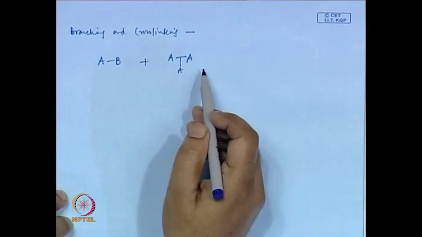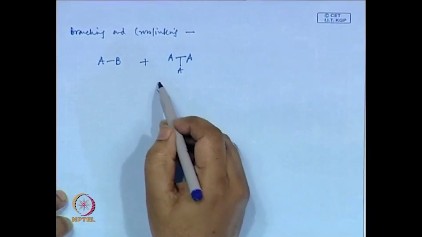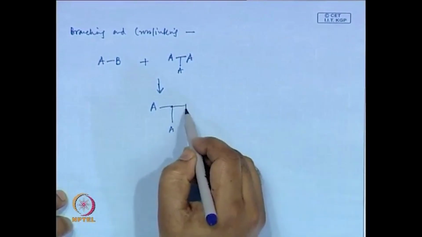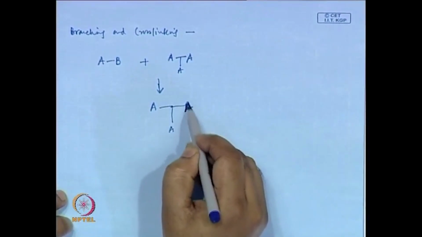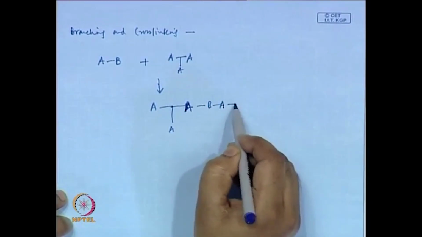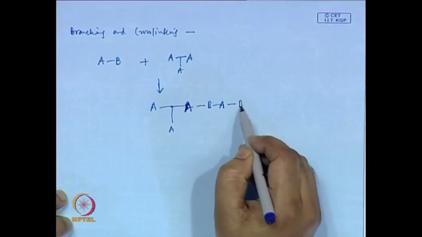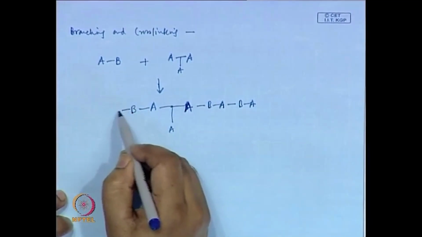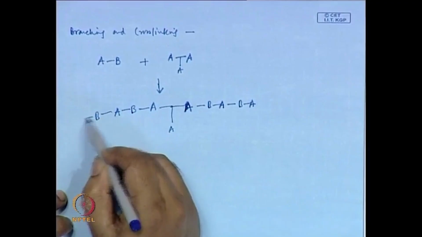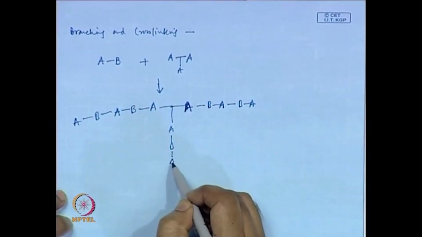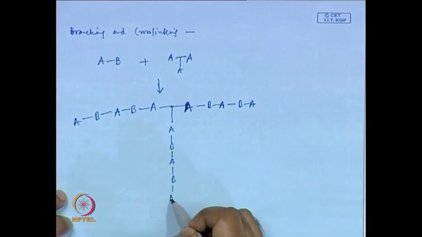Now, how will they react? Obviously, A can only react with B, so it will react with B, the other side will be A, again this will react with B, the other side will be A. Similarly, this side it will react with B, the other side will be A, and so on.